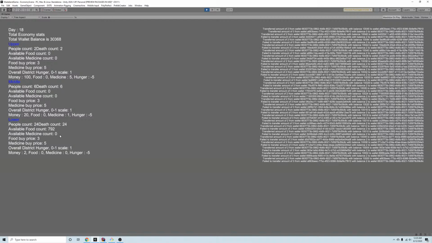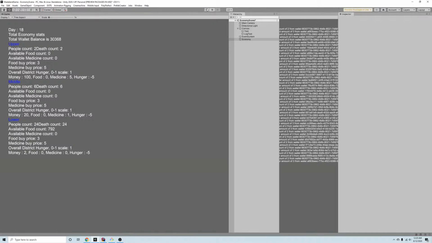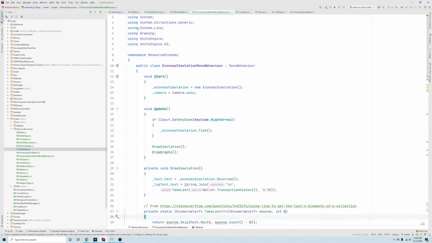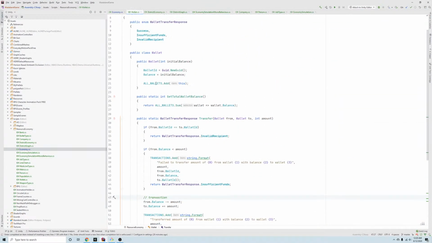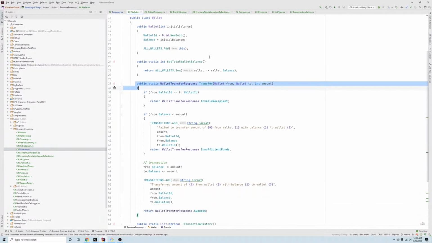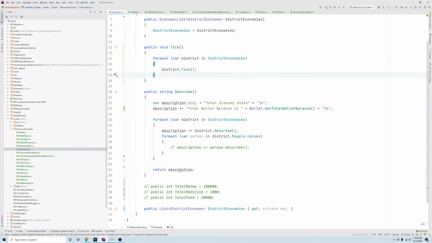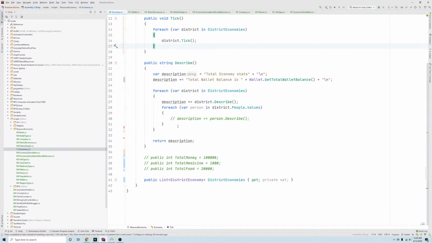So money is being preserved as it is transferred, which is good. So I just need to program everything around this wallet transfer function and have transactional money transfers.